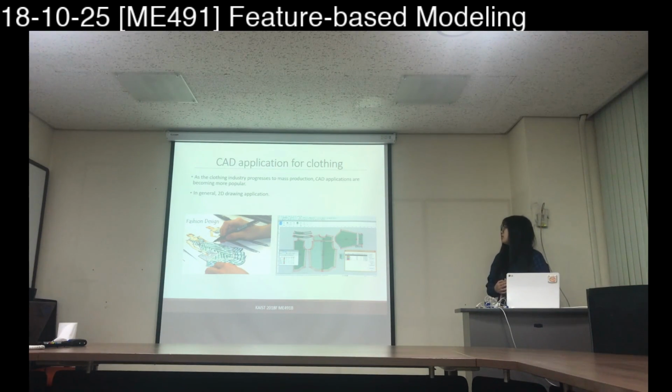In the past and present, designers used pen and pencil to design clothing. But when clothing is manufactured by a factory, they use the cascade stamp system.